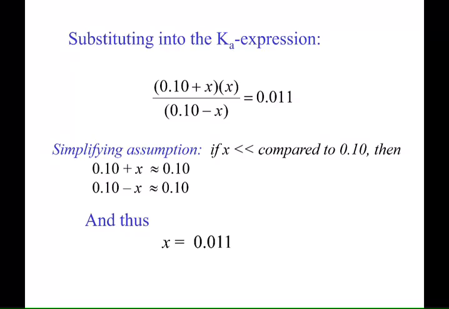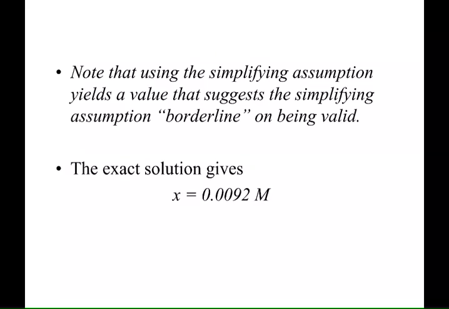So that makes the math easy. Then X is equal to 0.011, right? Yep. So if you were to take this without the simplifying assumption, put it in standard form and apply your quadratic equation, the real solution would be 0.0092.